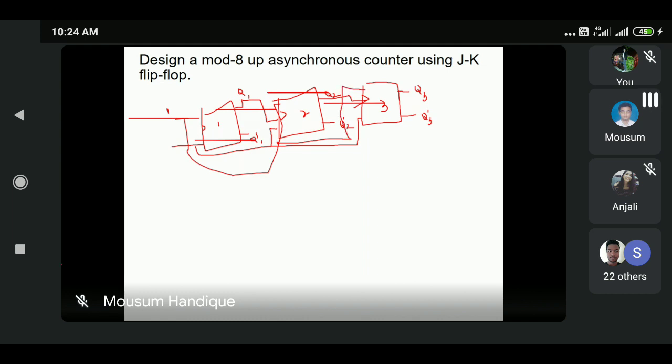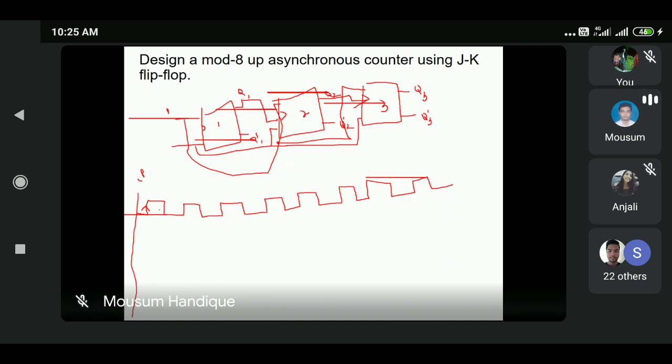So when we are using the timing diagram, CP, see here, the output interval is something like that. Suppose here you have 1, 2, 3, 4, 5, 6, 7, 8.